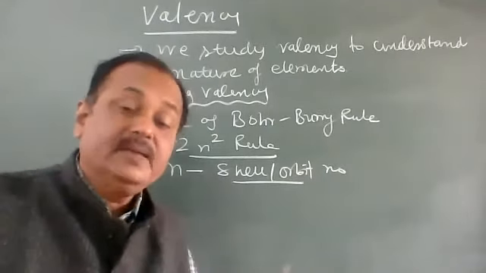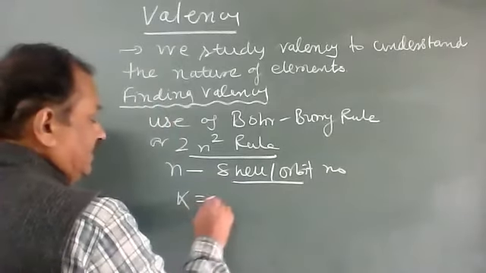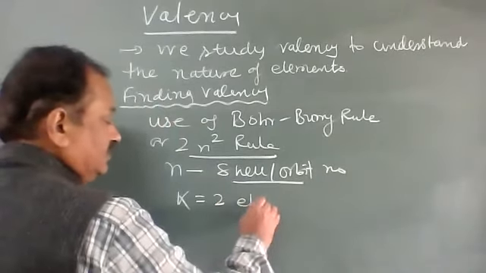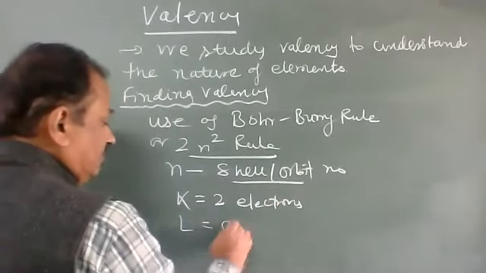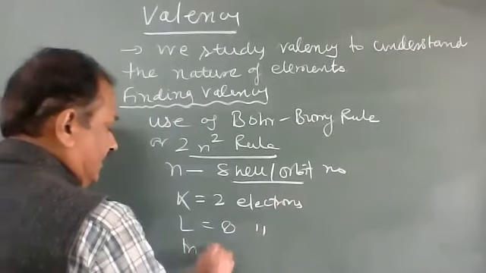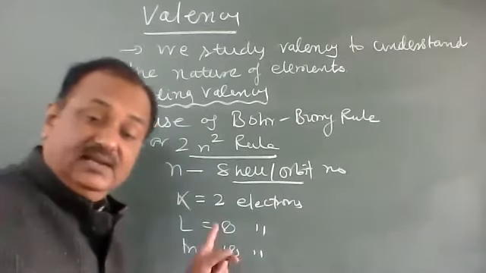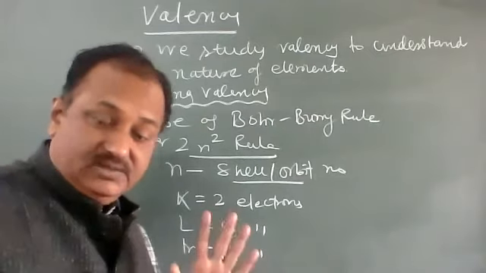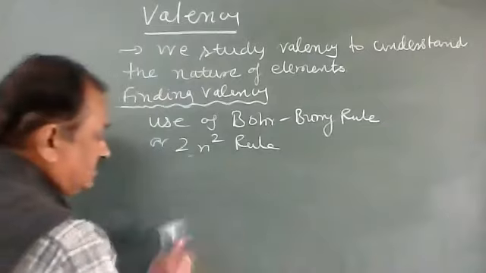In the case of the K cell, there are a maximum of 2 electrons. In L, a maximum of 8 electrons. In M, a maximum of 18 electrons. So like this, we calculate.